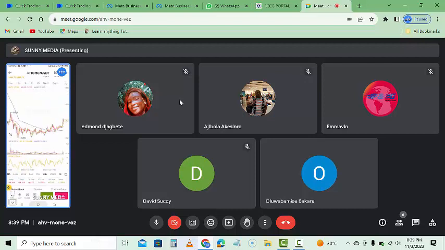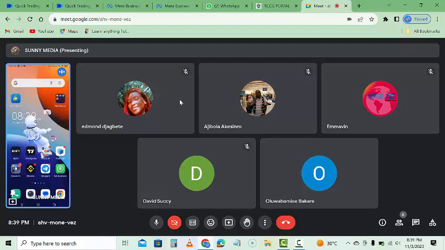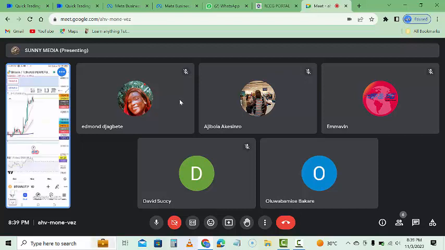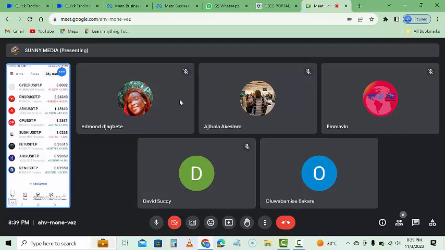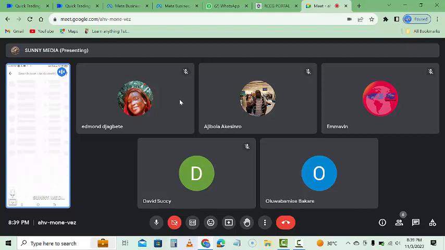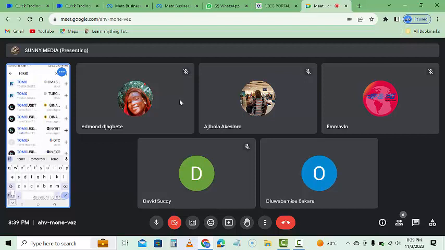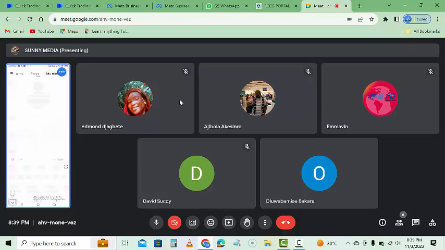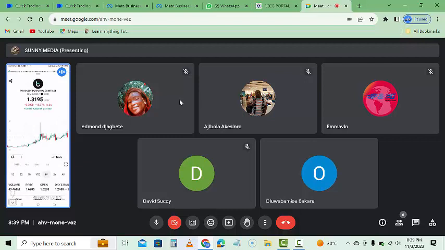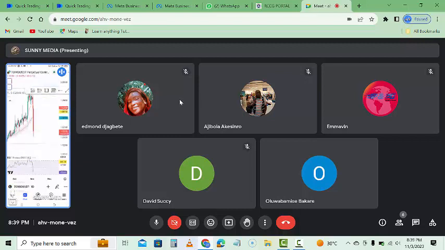Okay, let's try it on TradingView. Tomo USDT, Bybit, Binance. Wow, interesting.